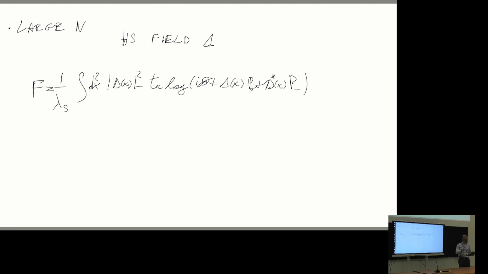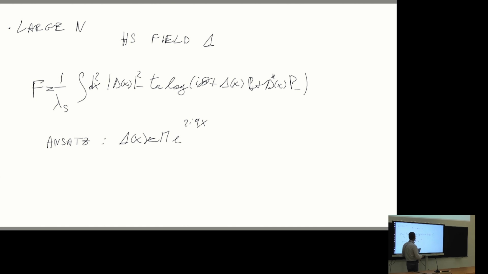If you keep the full x-dependence, the computation is not so easy, but since we already know the result, we take as an ansatz a particularly simple configuration, which is a constant times e to the 2i q x, where q is an arbitrary parameter.